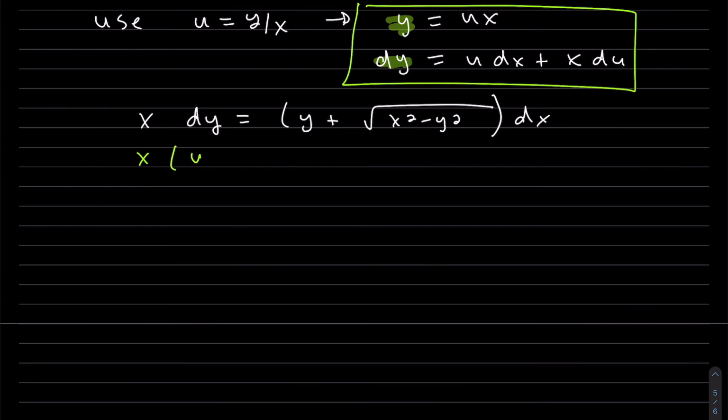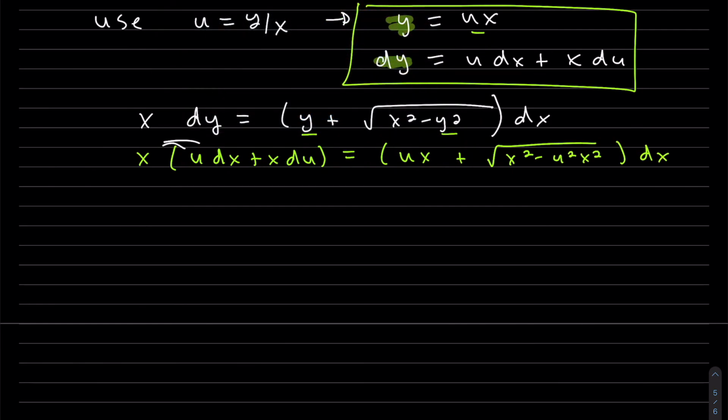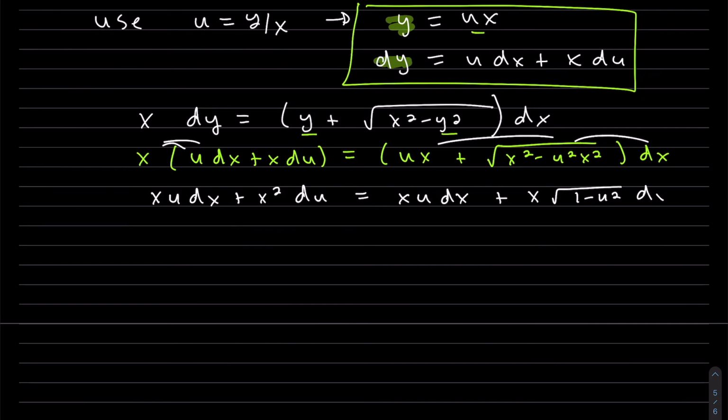So dy, y, y, factoring out that and pulling that out. Looks like x u dx on both sides cancels if I subtract it.